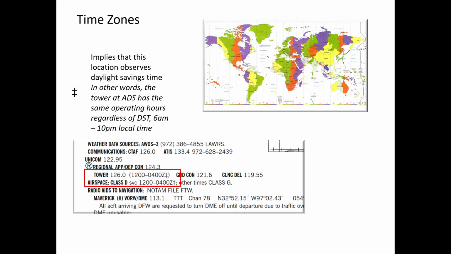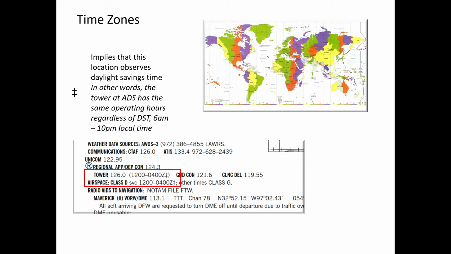And I've got an example here on the screen. When you look at some of the FAA documentation, like this snippet I took from the FAA Chart Supplement, formerly known as the Airport Facilities Directory. It's the green book that everybody has. You'll see a cross symbol next to some of the times, and that cross symbol simply denotes that because the location, such as Addison Airport, which is this snippet, participates in daylight savings time, you must subtract an additional hour during those times to get the accurate local time.